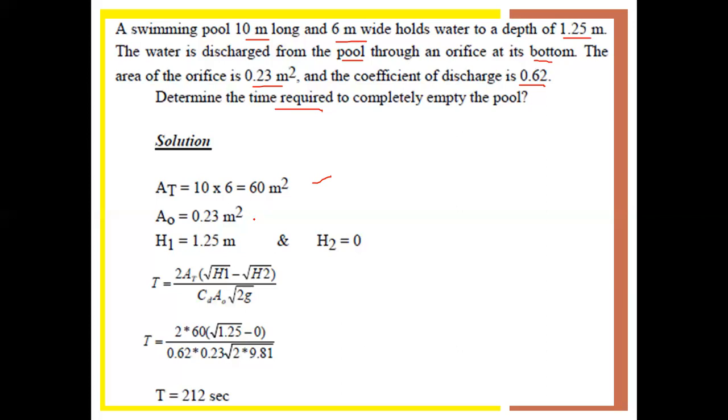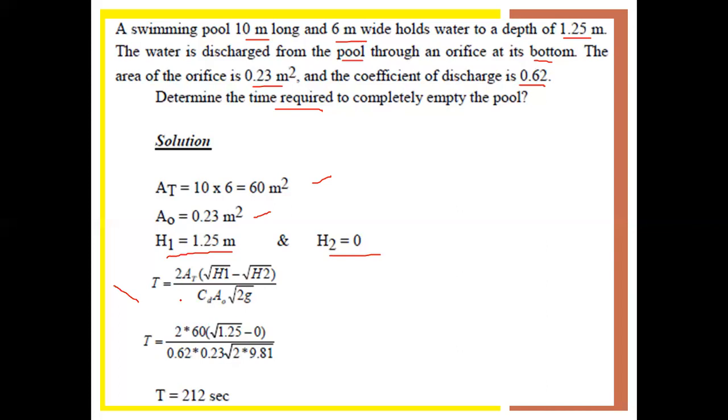Therefore, what is the area of the discharge? The area of the orifice is 0.23. And what is the head height? That is 1.25 meter. H2 is 0. Therefore, what is the time taken? Time is equals to 2 into A root H1 minus root H2 by CD into A orifice into root 2G.